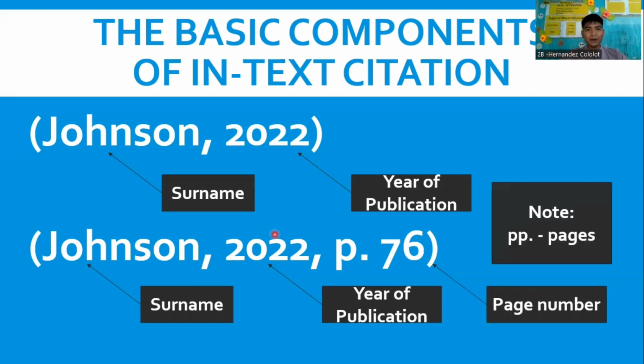Note the difference between one p and double p: singular and plural. A single p means one page, page 76. Double p means pages, for example pages 76 to 80.